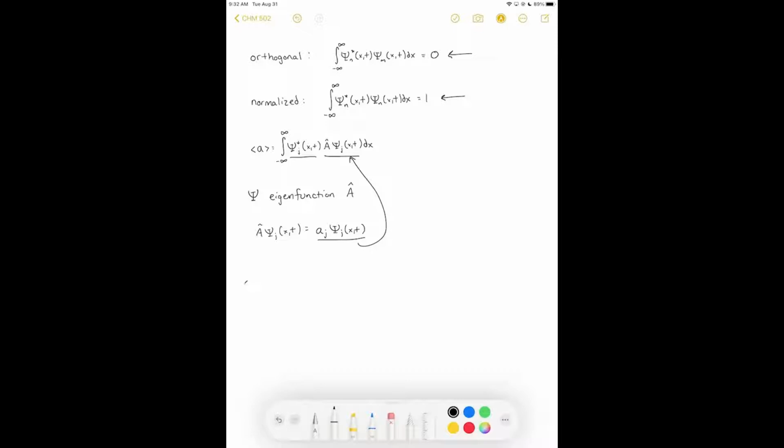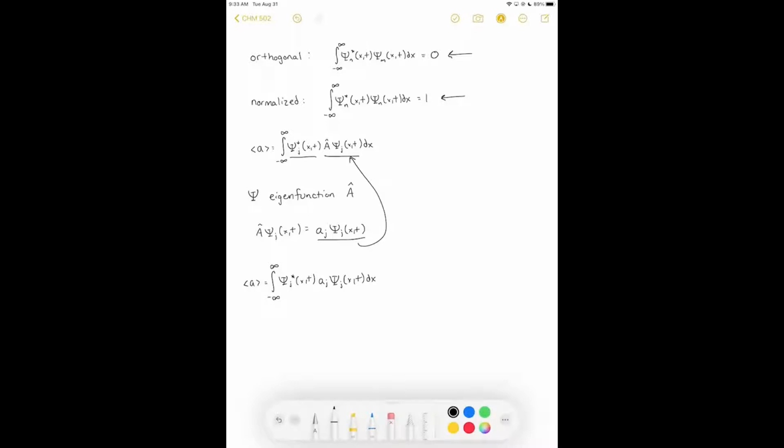So this is going to give us that our expectation value, or average value, is simply equal to the integral from negative infinity to positive infinity of the complex conjugate of our eigenfunction of x and t, times a sub j, which is a constant, times our function of x and t.